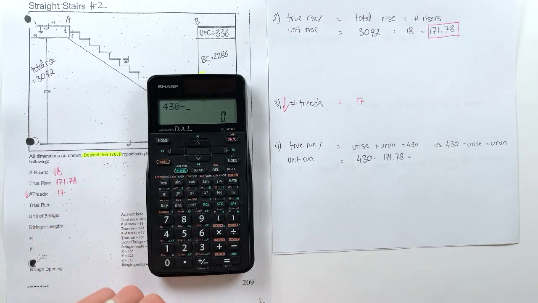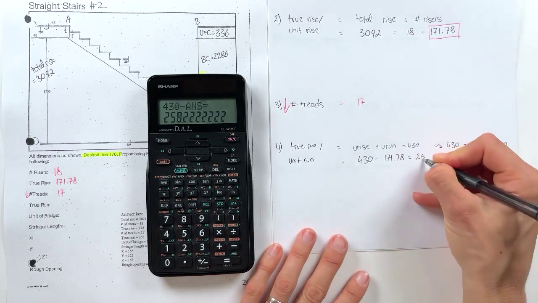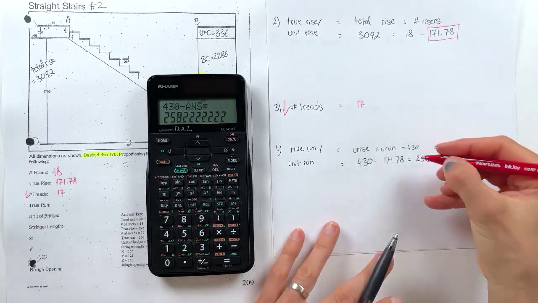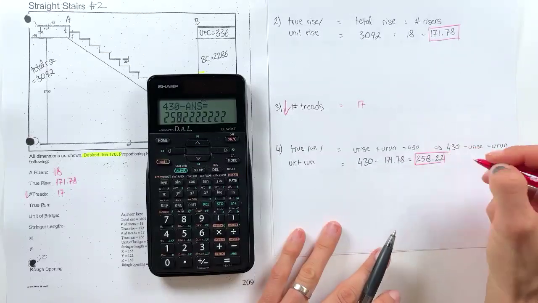So if I hit alpha first and then hit the equals or enter button, it's going to use the answer from my previous one, which was the unit rise. So I don't have to punch it in twice, which is excellent. 258.22. Perfect. So that is our unit run.